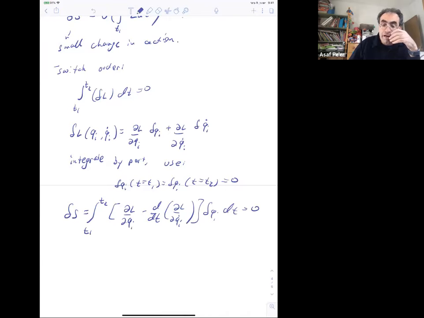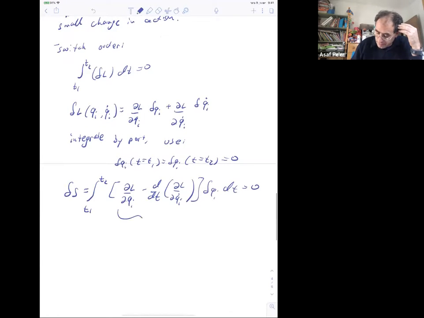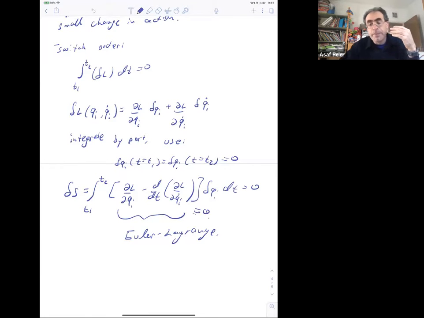Right? So using that, automatically you get the Euler-Lagrange equation. You've seen that, right? I'm not telling you anything new. The reason why I do that is because I'm going to do that in a second for quantum fields, and that's going to be slightly different, but very similar. So that's just to refresh your memory.